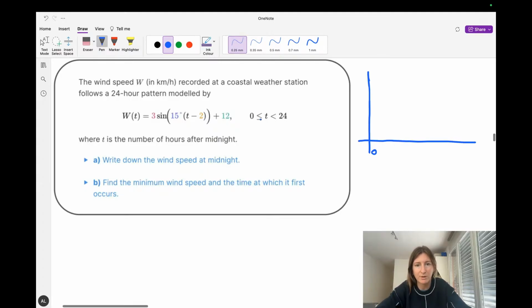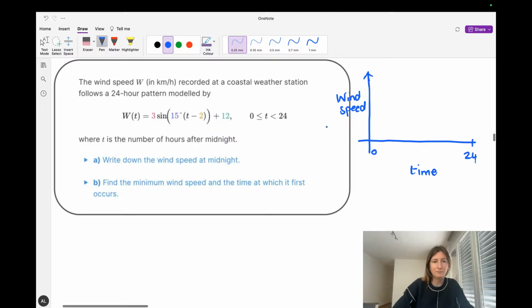Let's put in our domain. We're going from 0 to 24, not 360 degrees. So here is our time on this axis, and on this axis, we have the wind speed in kilometers per hour. What else do we know?